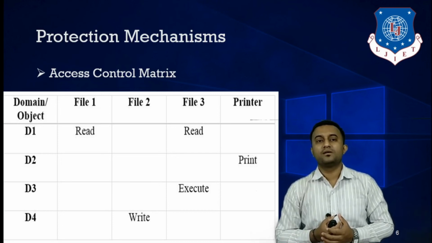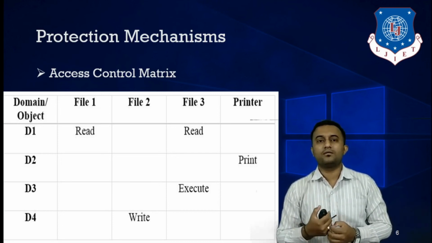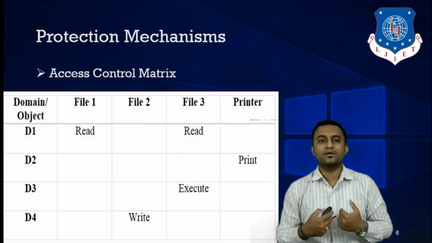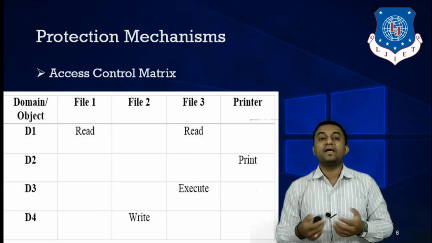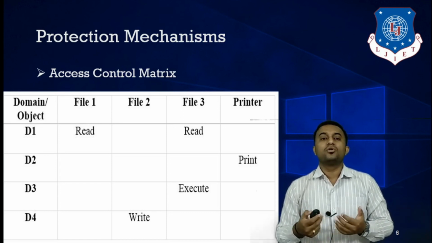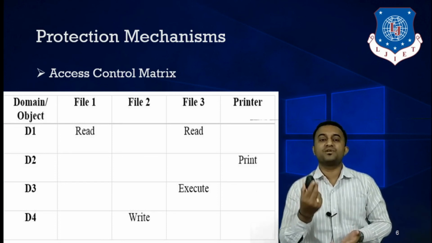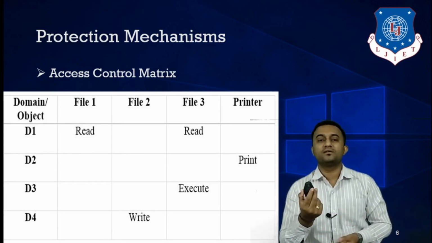For example, D1 is a subject. What is subject and what is object? If I explain with a real life example, suppose I am a subject. Why am I a subject? Because I am an active entity. So through the subject I can access the object. This presenter is an object, and it is a passive entity.